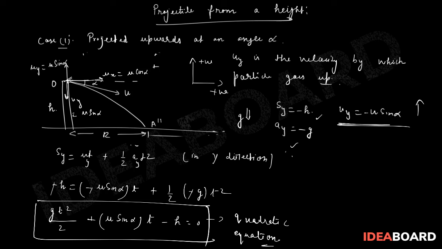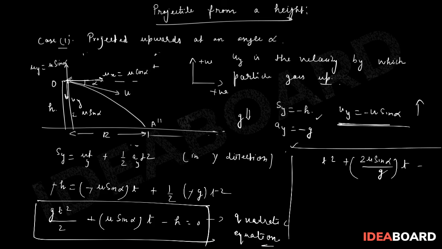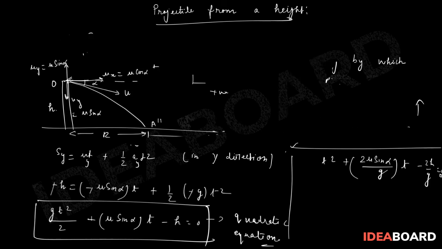So this time I am just writing the result. So this will be t square plus 2u sin alpha by g into t minus 2h by g is equal to 0, right? This is going to be the function of t. So this time we can find out the result for t also.